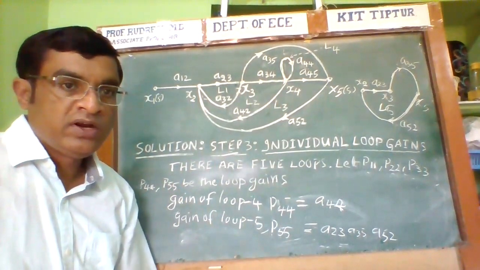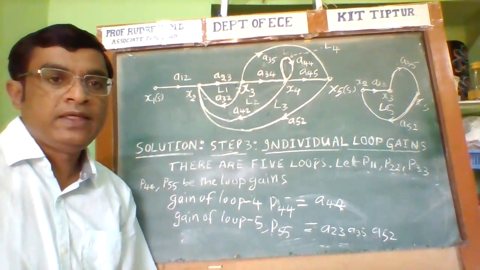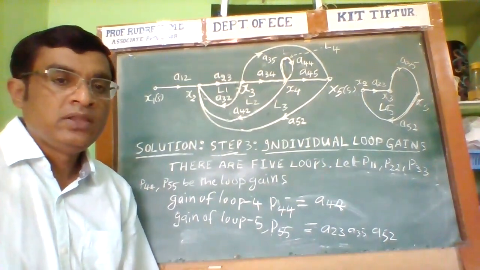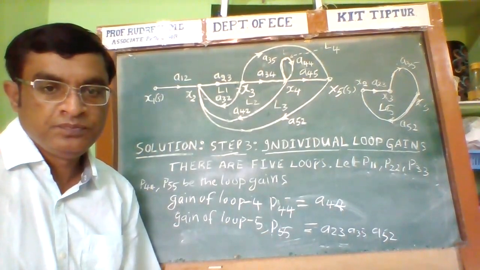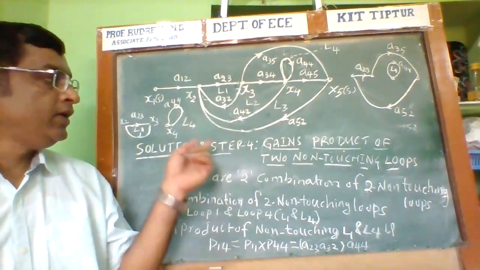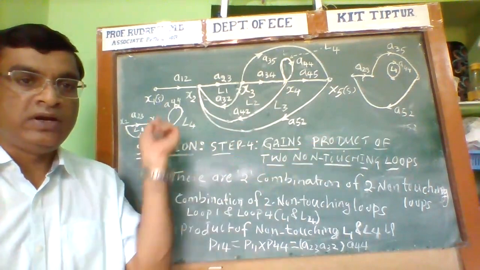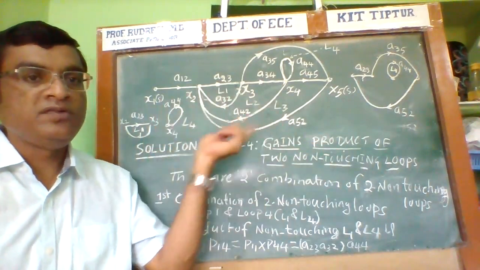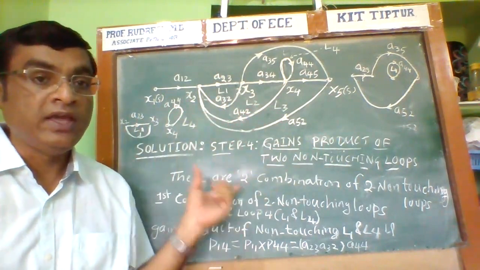After identification of the non-touching combinations, in step 4 we go for calculating the gains product of the non-touching loops. In this step, we identify the two non-touching loop combinations and then find the gains product.